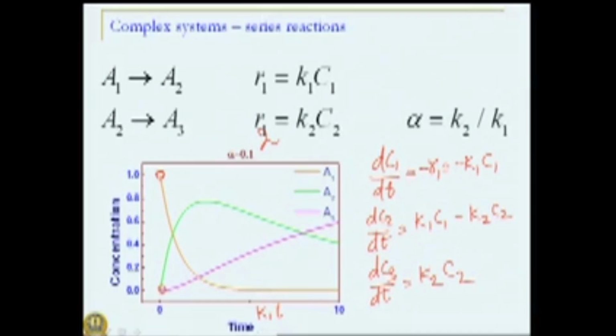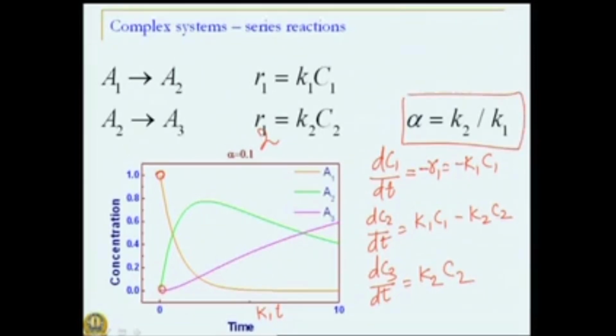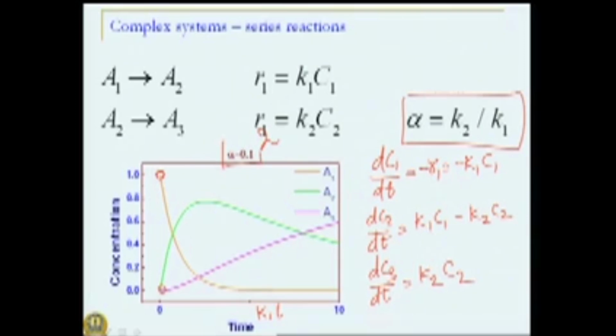If you make these equations dimensionless, a ratio of K2 and K1 appears in the mass balance equations, and we call that ratio alpha, and this particular graph is for a value of alpha equal to 0.1.